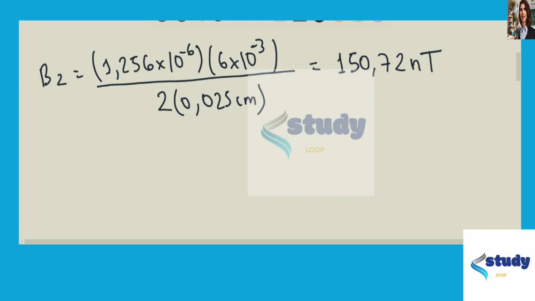We are given for this problem that the magnitude of the sum of these two vectors is equal to a scalar, which is 100 nanotesla.